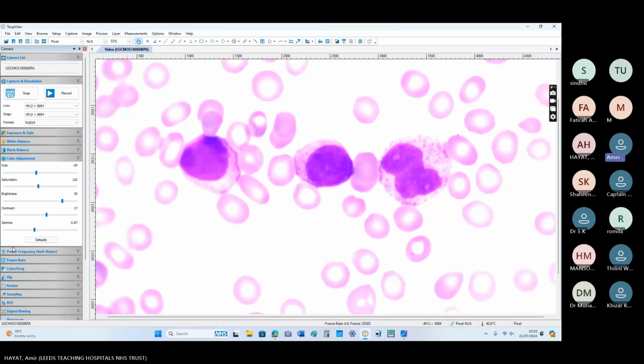And other than ATRA, do you know anything else which can cause differentiation syndrome? This is the last question. Not really. I don't know. Yeah. So arsenic, IDH inhibitors like enasidenib, gilteritinib, midostaurin, they all lead to differentiation syndrome.